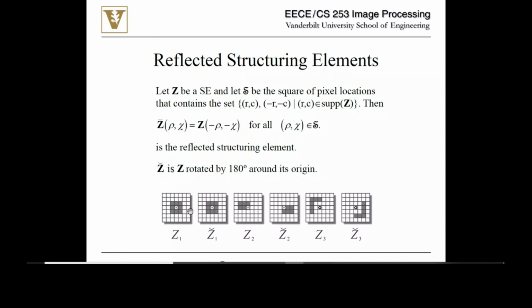So this is this example. And actually, this is probably already known to you. Mirroring with respect to a point is the same as rotating 180 degrees with respect to the origin. So mirroring both coordinates is like rotating 180 degrees.